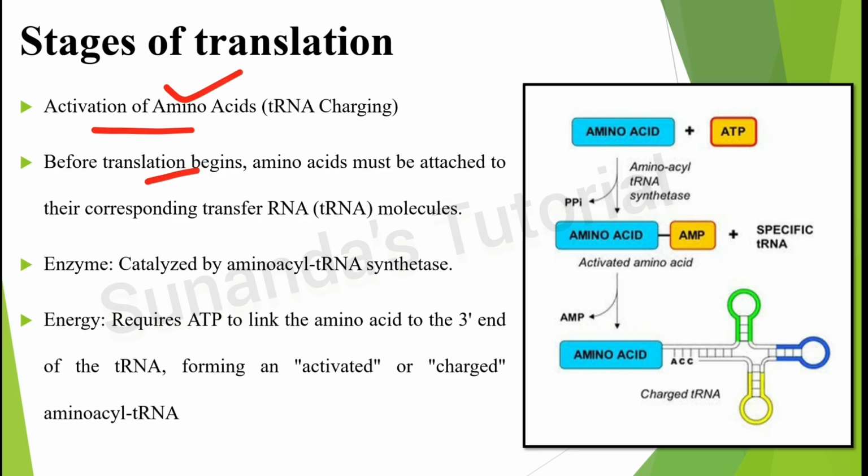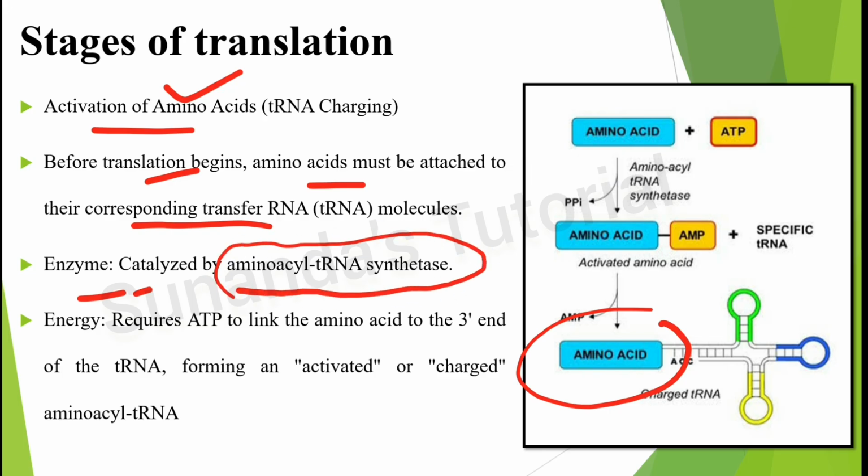Before translation begins, amino acids must be attached to their corresponding tRNA molecules. The enzyme which catalyzes this process is amino acid tRNA synthetase. This process requires energy from ATP to link the amino acid to the 3' end of tRNA, forming activated or charged amino acid tRNA.